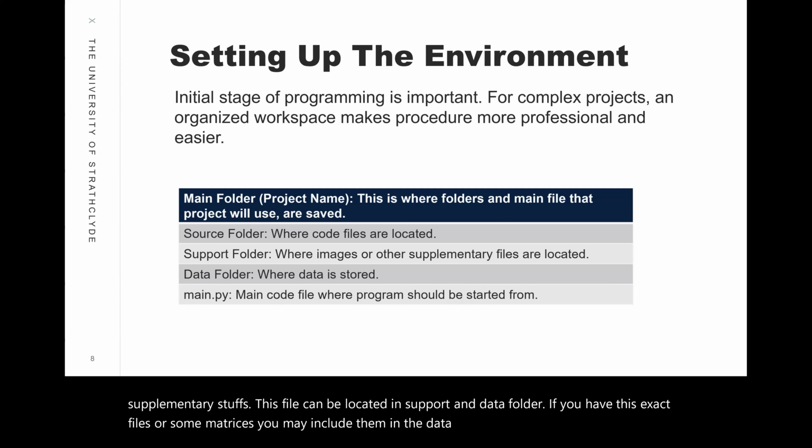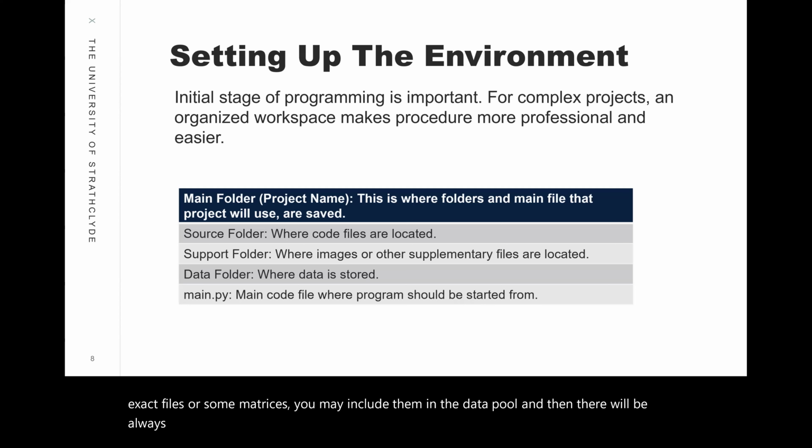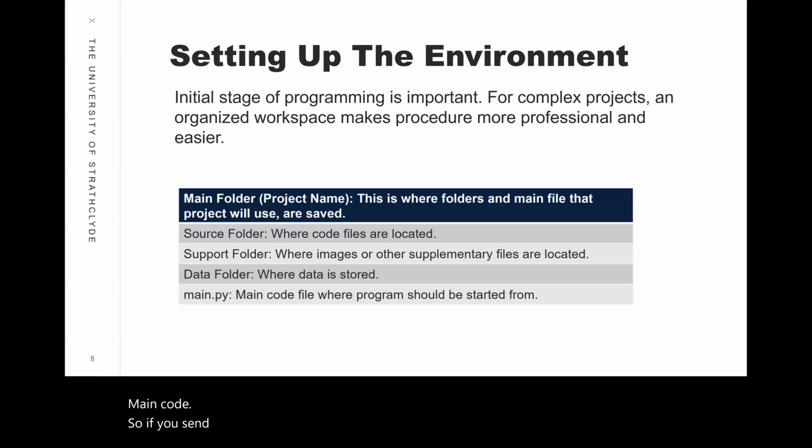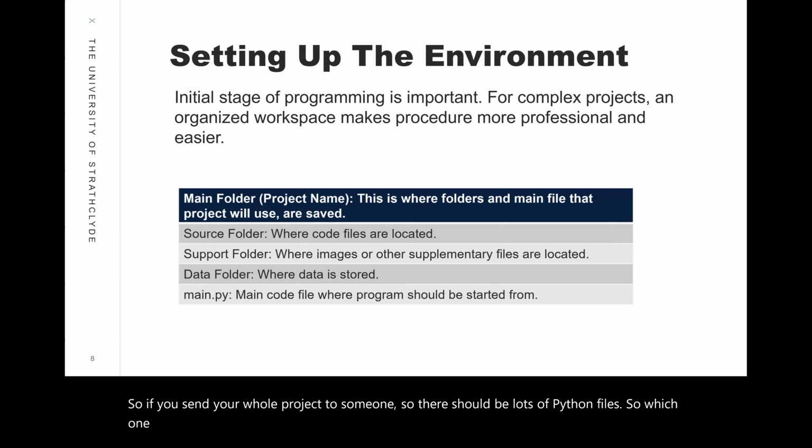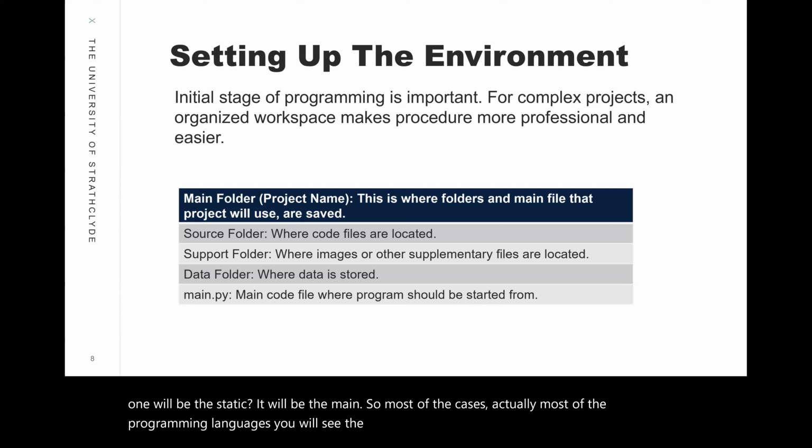And then there will always be a main code. If you send your whole project to someone, there should be lots of Python files. So which one will be the starting? It will be the main. In most cases, actually most programming languages, you will see the main as the start of a program.